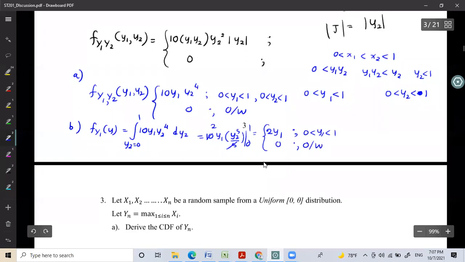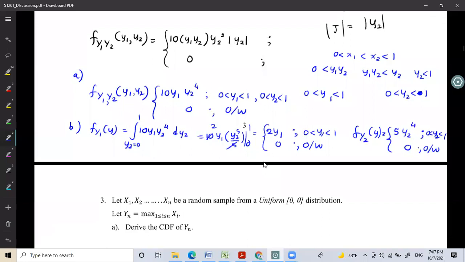And similarly, you can find f y2. How do you do that? Integrate the joint density from 0 to 1, but do the integration with respect to dy1. If you do that, you will find it is 5 y2 to the power 4. I don't have enough space, but you can try this one. Now if you look at these two marginals, when you multiply them, you get the exact joint density.